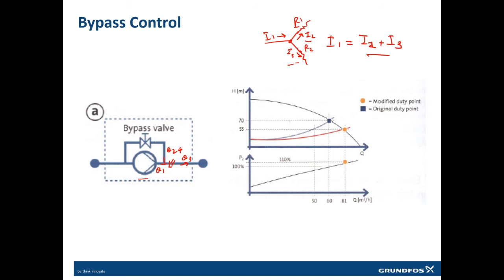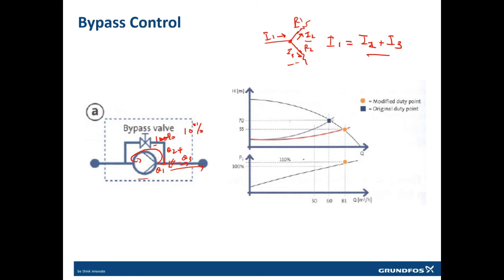For example, if I open this valve 100%, it is completely open. What will happen? The flow will not go here, or a very minimal amount of flow will go here. Most of the flow will go back to the pump and circulate inside the pump, which is not a very good idea. But let's say I open it just 10%. That means there is too much friction here. Some flow will go back, but the majority of the flow will come here.